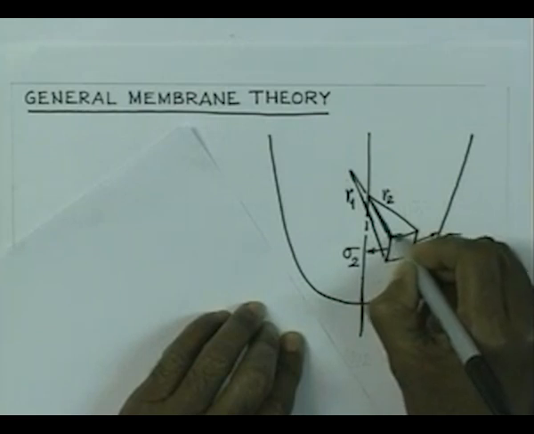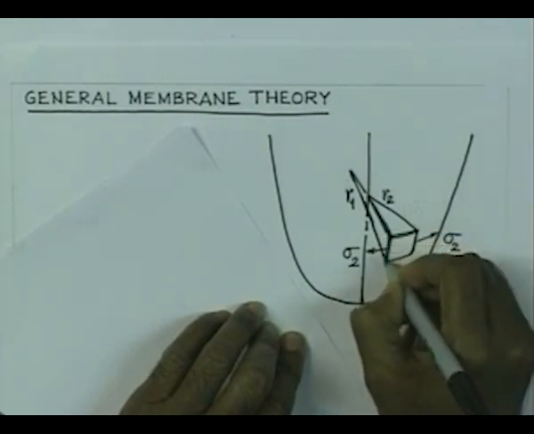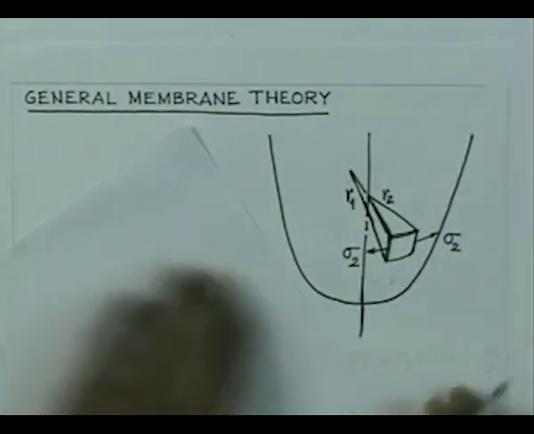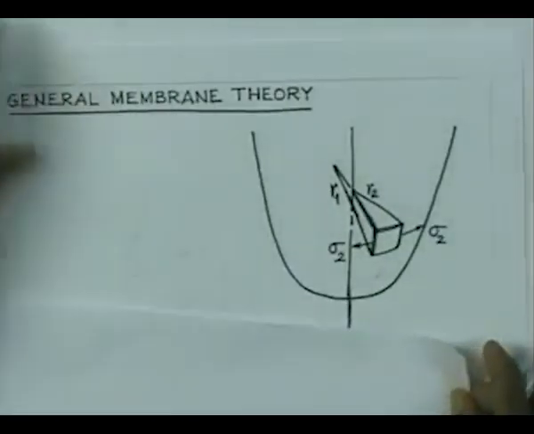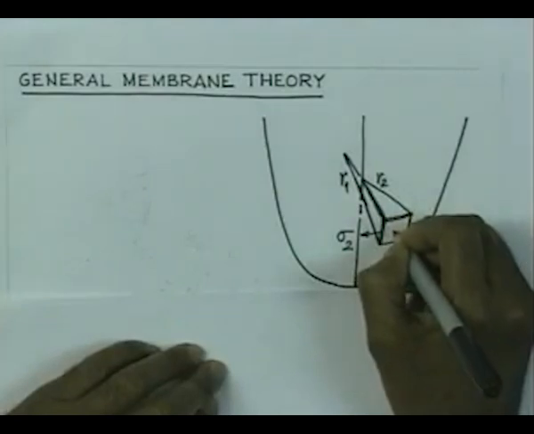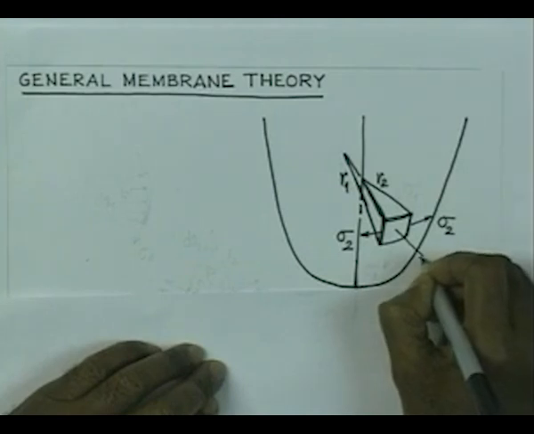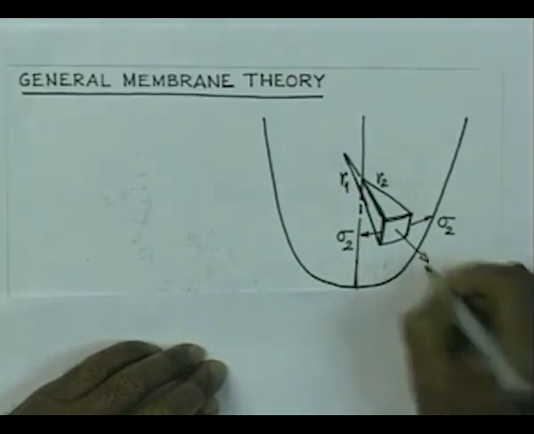So, the wall thickness, let us consider this small element, we consider that thickness is uniform. So, that is the element we will be concentrating upon. So, therefore, there will be pressure acting all over the inner surface, and that will act outward. So, the pressure loading is going to act in this direction.